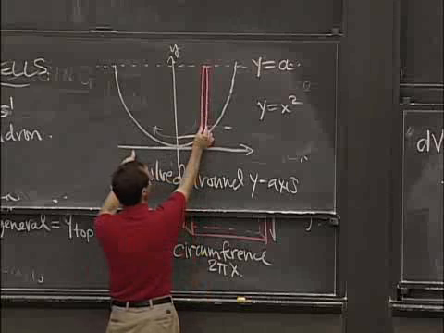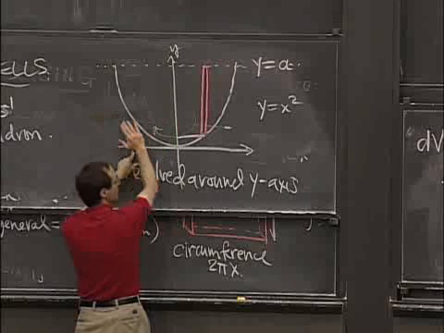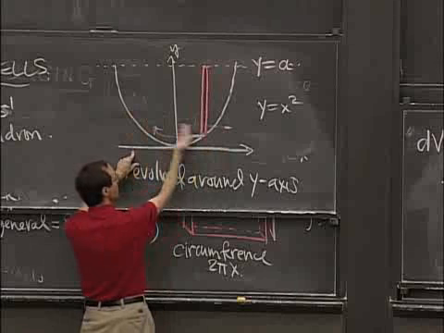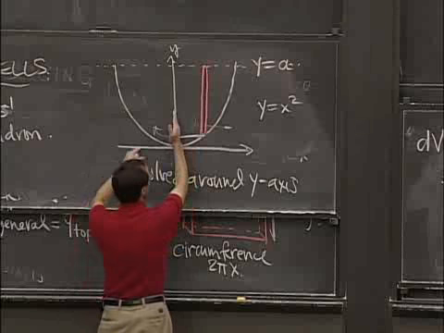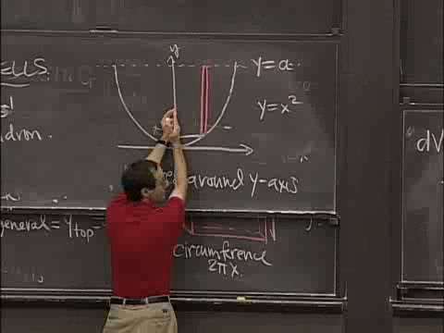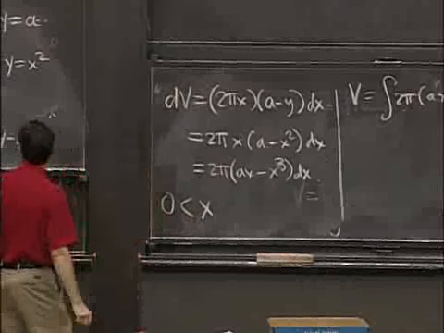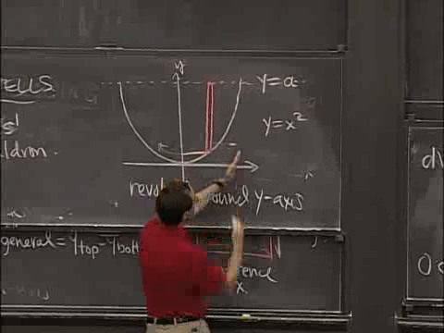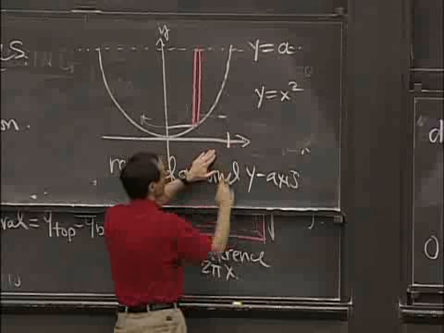When you take this guy and you sweep it around, you take care of everything that's to the left. So we only have to count what's to the right. We don't have to count anything over here because it's taken care of when we sweep around. So the starting place is going to be x equals 0. That's where we start. And where we end is the farthest rightmost spot for x, which is down here.